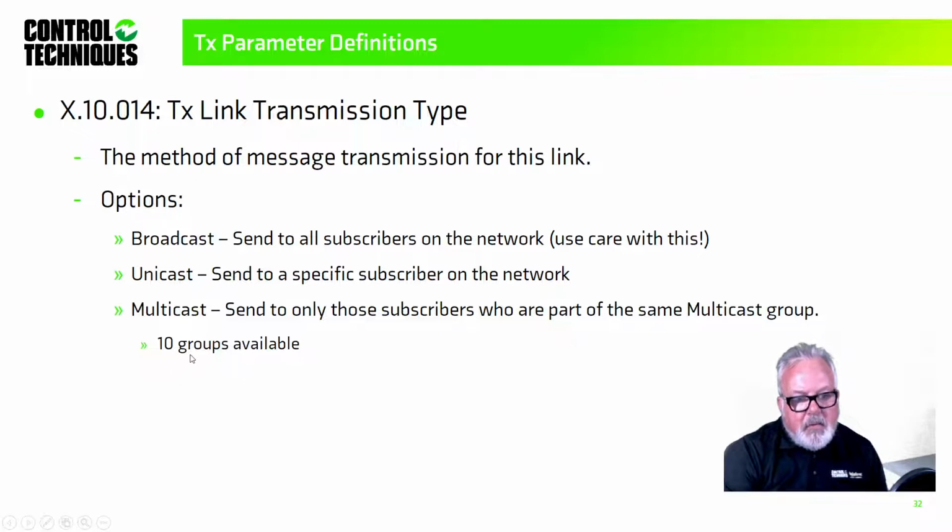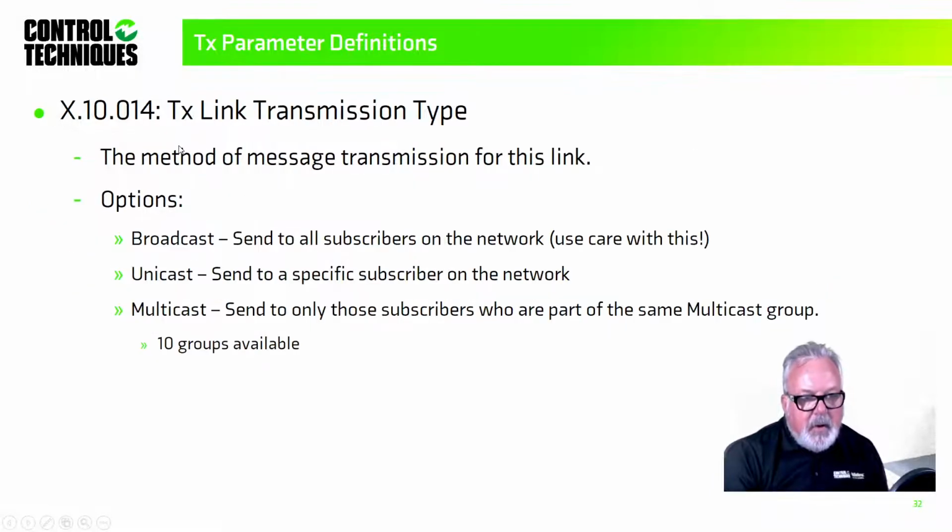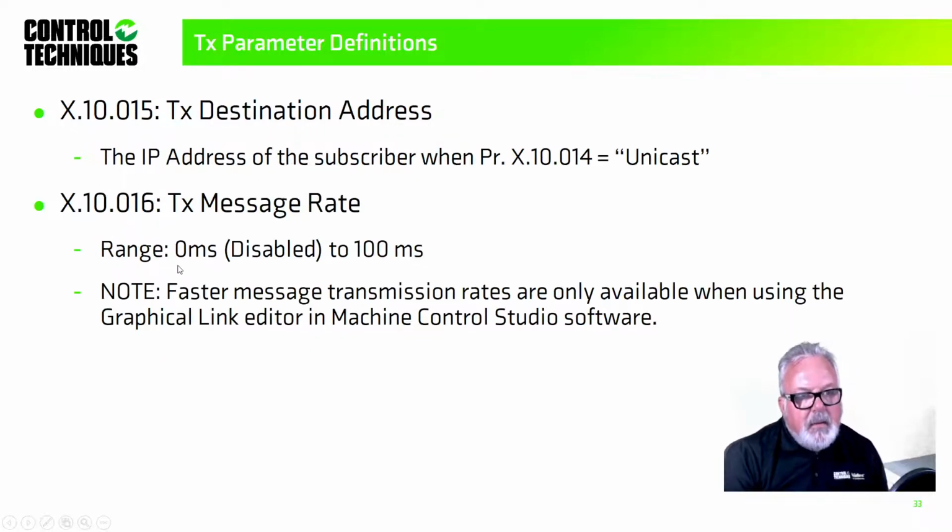And again, we have 10 groups available. So if you've chosen the unicast as the type of message delivery, if you've chosen that for parameter 14, then you need to enter the IP address of the subscriber here in parameter 15. So in other words, where's that unicast message going to land? Who's going to get it?